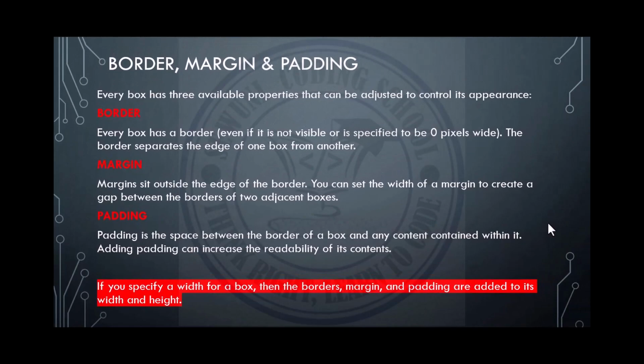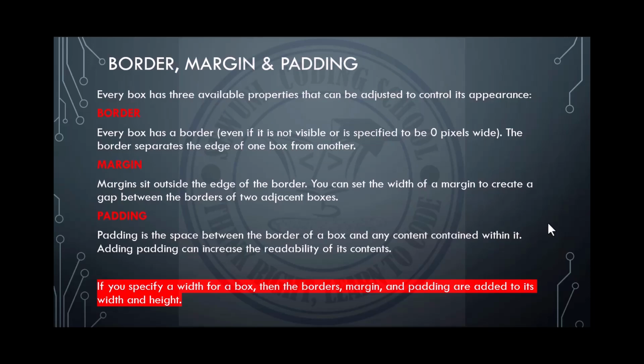Now, after discussing the overflow, let's talk about the border, margin, and padding. Every box has three available properties that are used to adjust the appearance of the box. One is the border, then the other is the margin, and the last one is the padding.